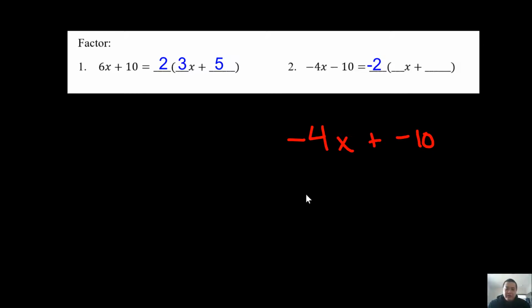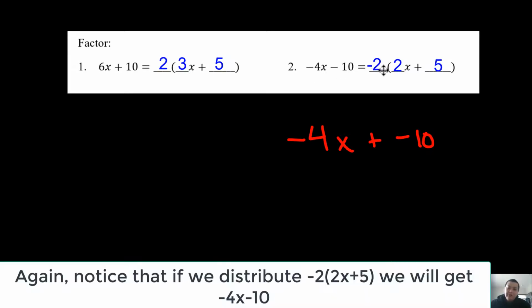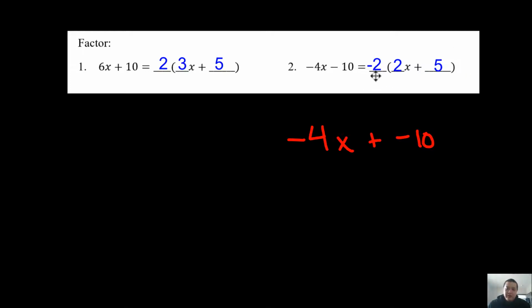Well, negative 2 times 2x gets us negative 4x, so it's going to be 2x inside the binomial. Then negative 2 times what gets us negative 10? Well, that would be 5, so it's 2x plus 5 as our binomial. So the two things that multiply together to get negative 4x minus 10 are negative 2 times 2x plus 5. So our first factor is negative 2, and the second factor is 2x plus 5.